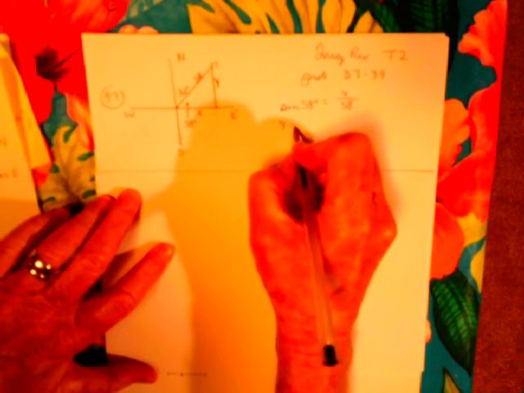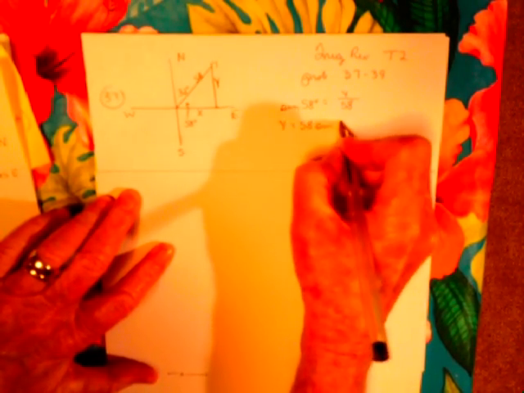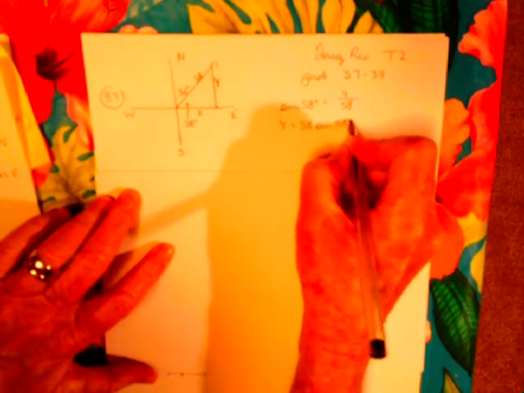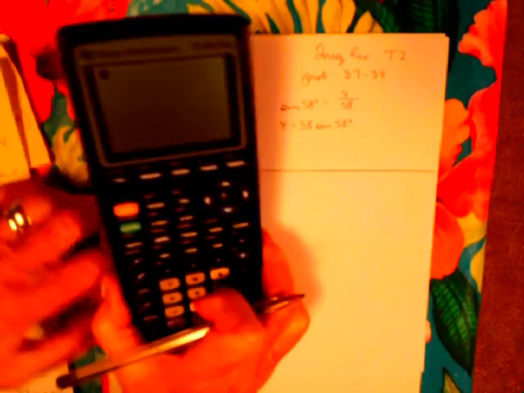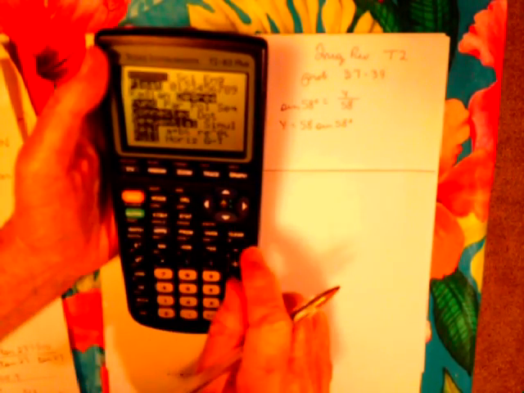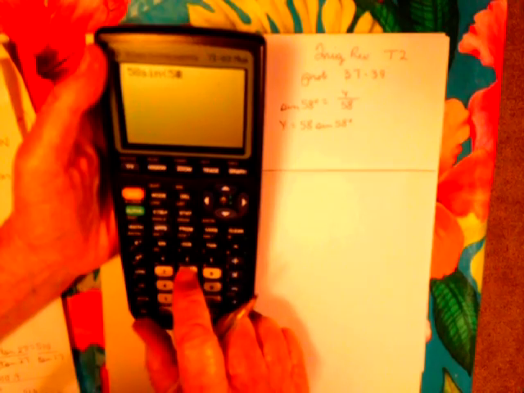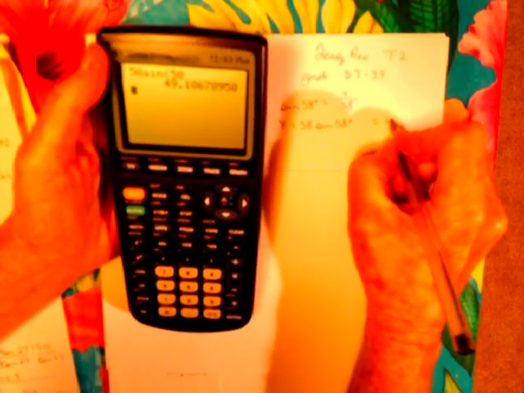Y will equal 58 times the sine of 58 degrees. When you put that in your calculator, check the mode, be sure it's in degrees. 58 sine 58, press enter. You get 49.2 miles.